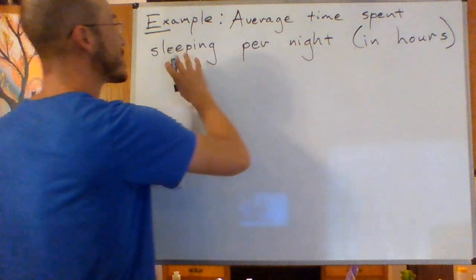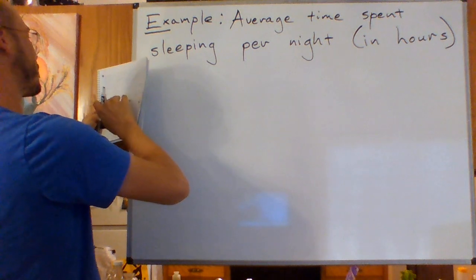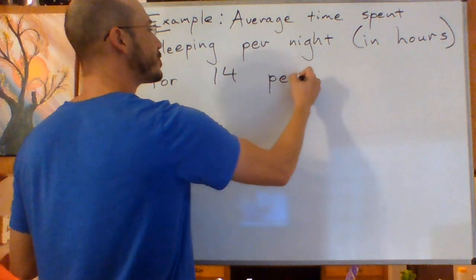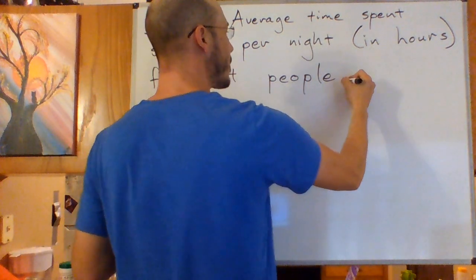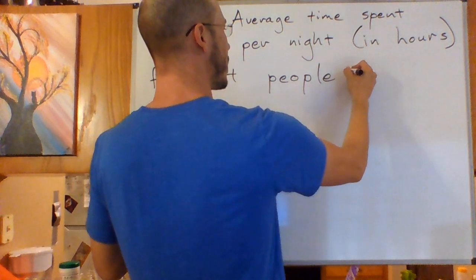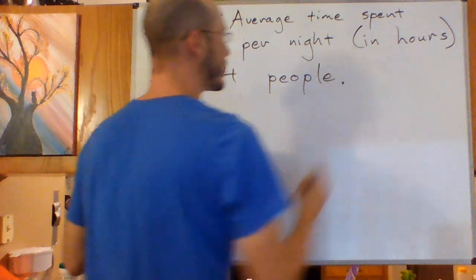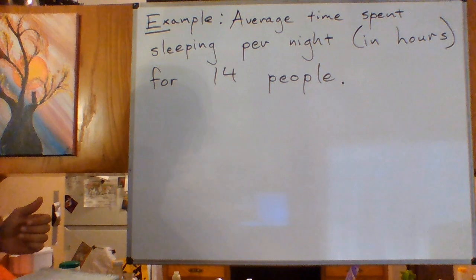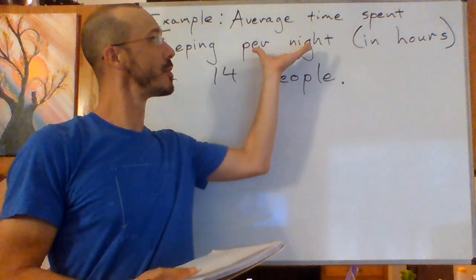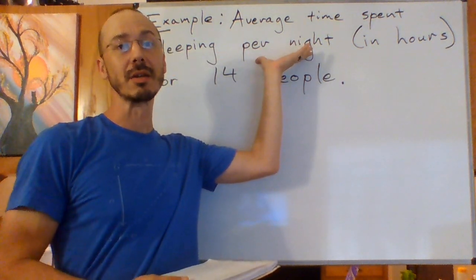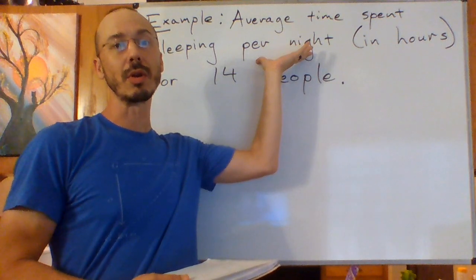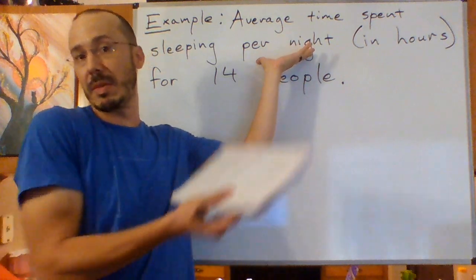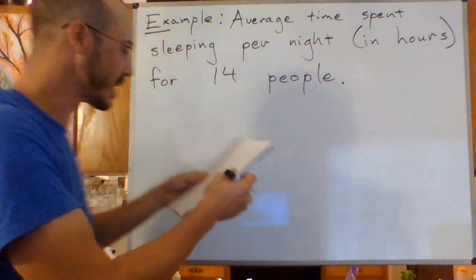The average time spent sleeping per night for 14 people. And I know that's not really a sentence, but that's what we're going to be examining here. That's what the data are going to mean. It's the average number of hours per night. So it doesn't say whether it's averaged over a week or a month or a year. This is just all we have, average nightly hours of sleep.